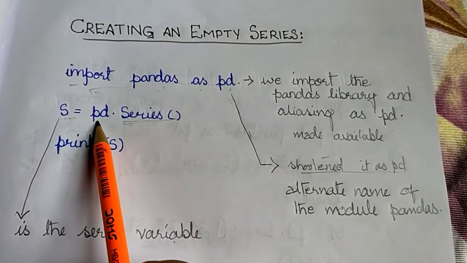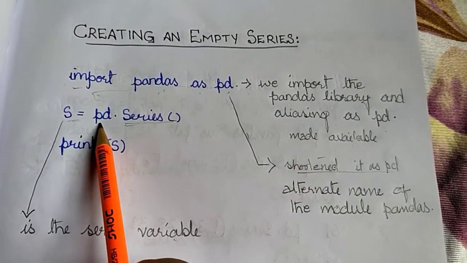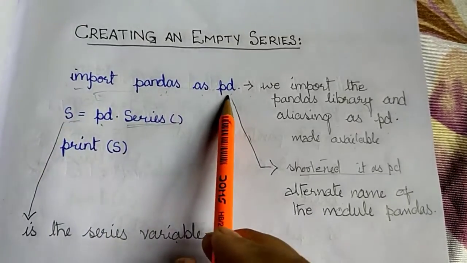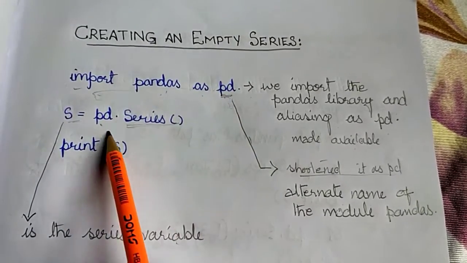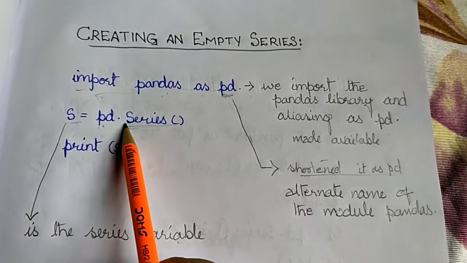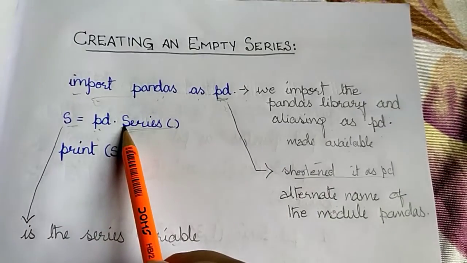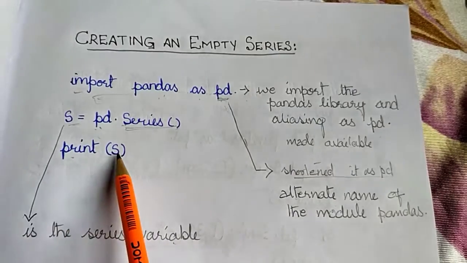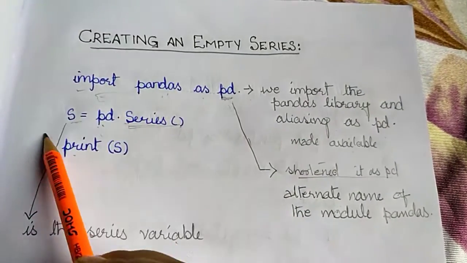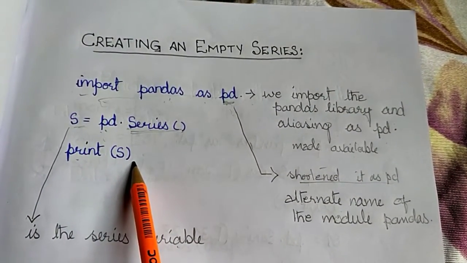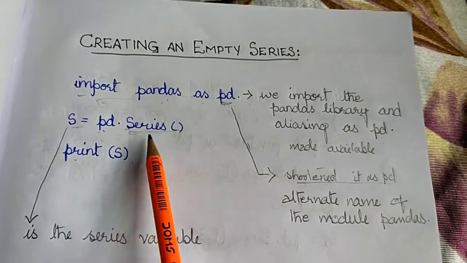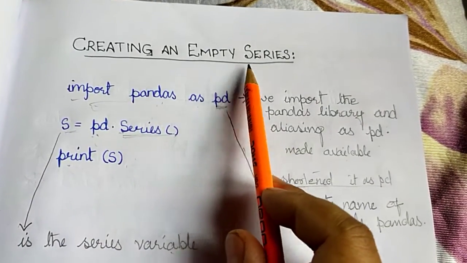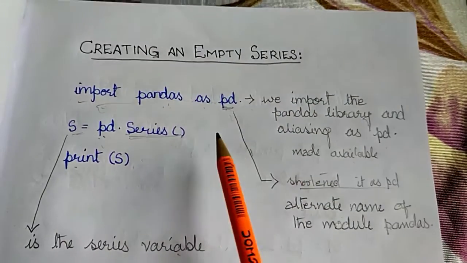Over here, instead of writing pandas, I use the alternate name, that is pd. Therefore, pd dot, then I use the method, that is Series, and I print s. When you execute this program, it will print nothing because it is an empty series. It does not have any data.